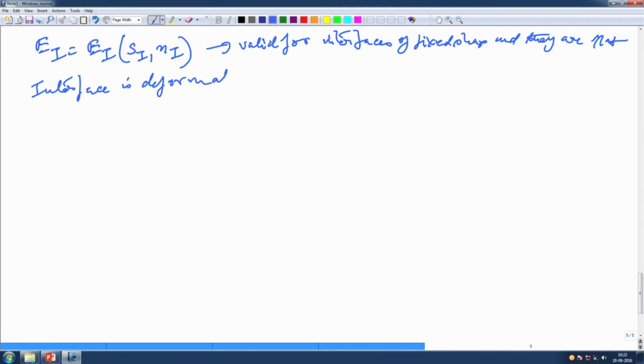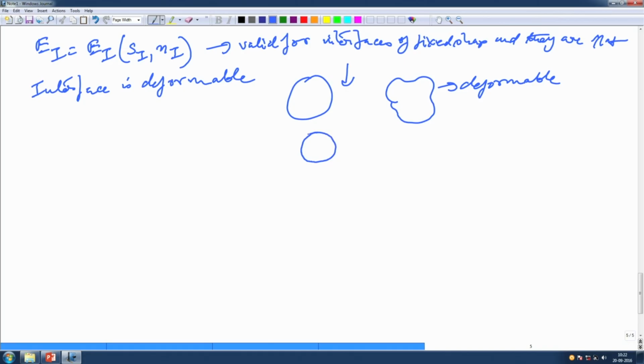which in most cases it is, right. If you take a droplet like this and apply some kind of a force on it, the droplet surface can actually corrugate or do something like that. So, this interface is becoming a deformable interface, right. On the other hand, if you just allow this droplet to sit nice and easy, this interface is like a fixed interface.